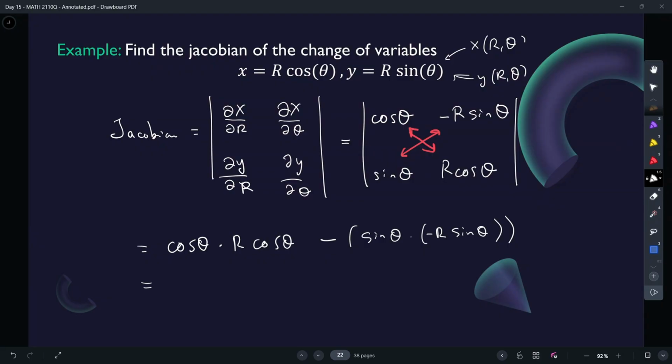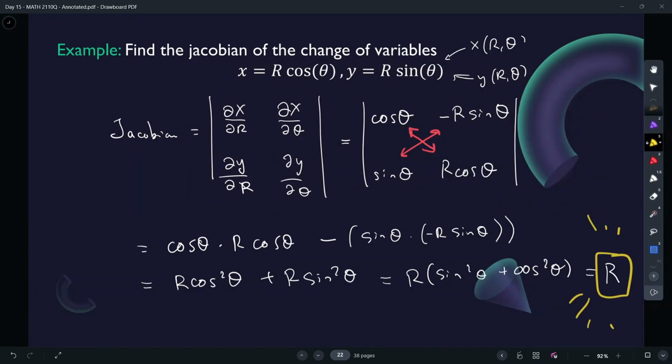So that is going to be r cosine squared theta plus r sine squared theta. This is r times sine squared theta plus cosine squared theta, and sine squared plus cosine squared is 1, so this is r.